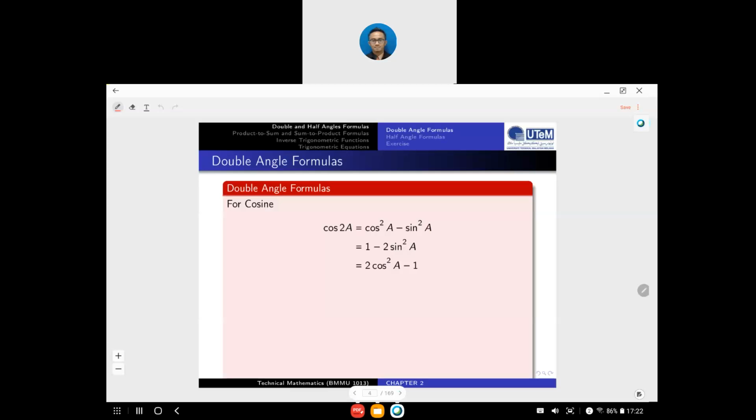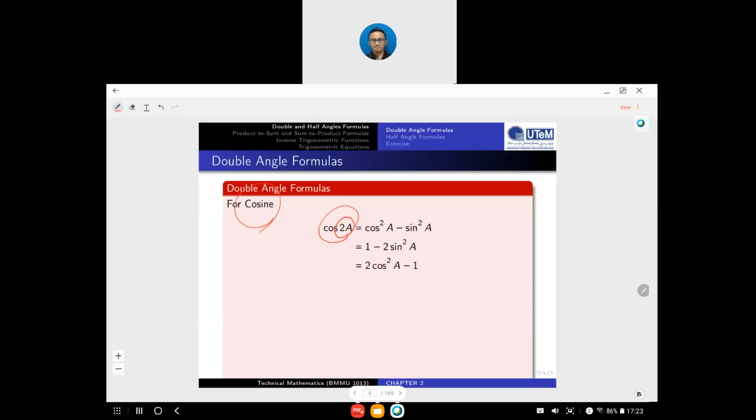On the double angle formula, this is the formula for double angle when it involves cosine. When you have cosine 2A, when we talk about double angle, it means that the angle is double. Ada dua A tak situ. Sebab tu dia panggil double angle. And then you want to transform to the single angle.